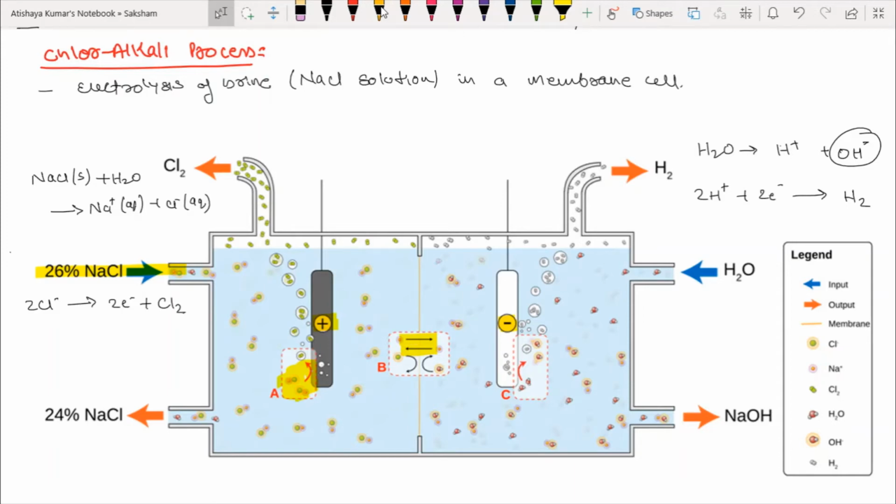As sodium ions have transmigrated from the previous chamber, Na+ reacts with OH- to give NaOH, and these all will be aqueous solutions.